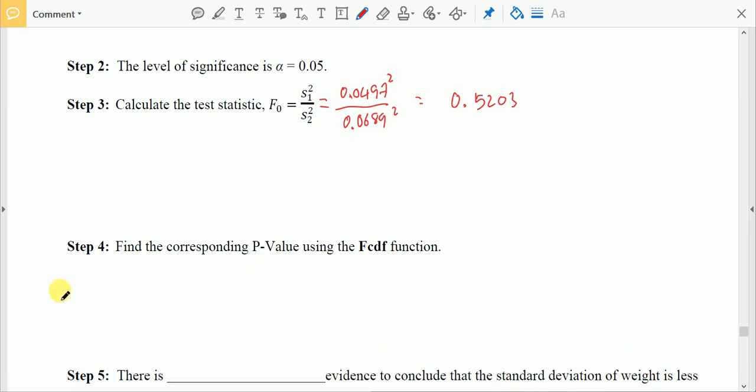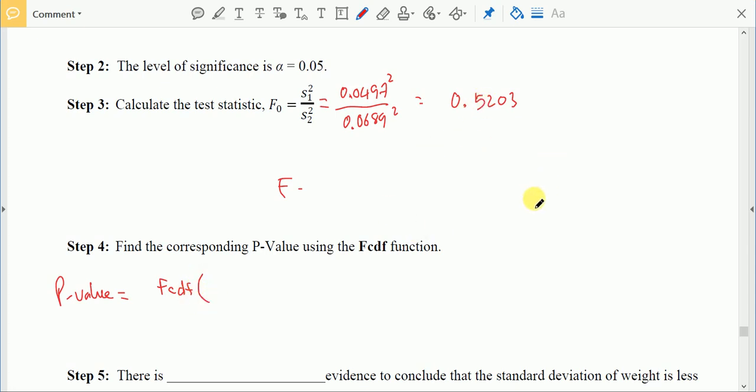Now, the p-value. Remember, we are using the F distribution, right? So for the p-value, you have to use the FCDF.